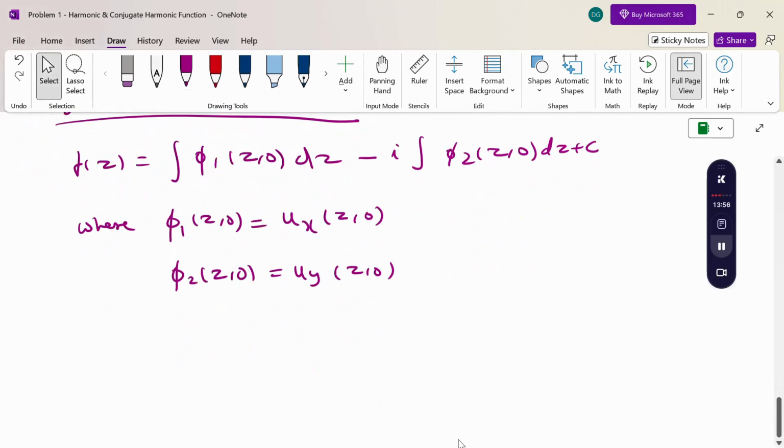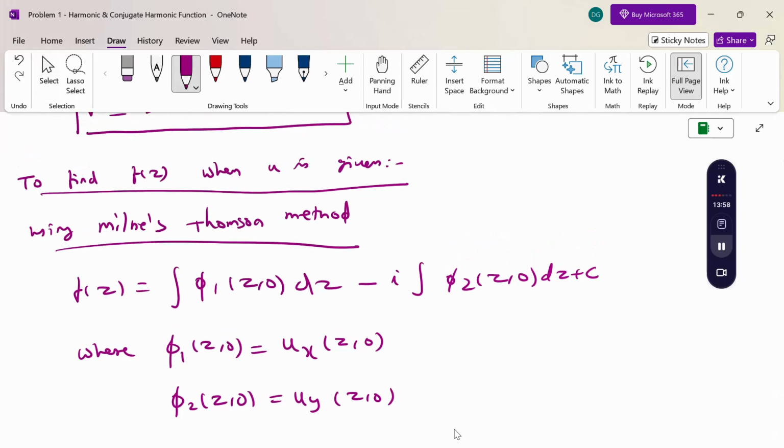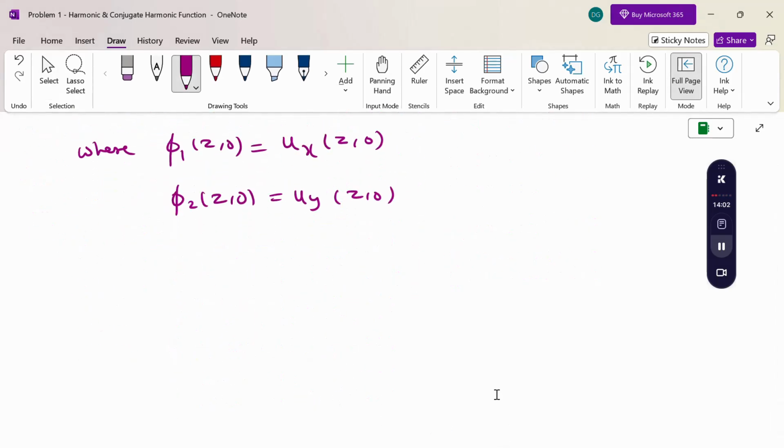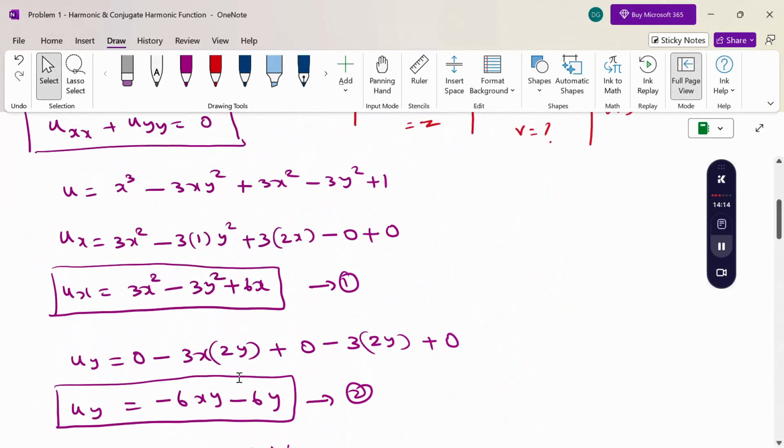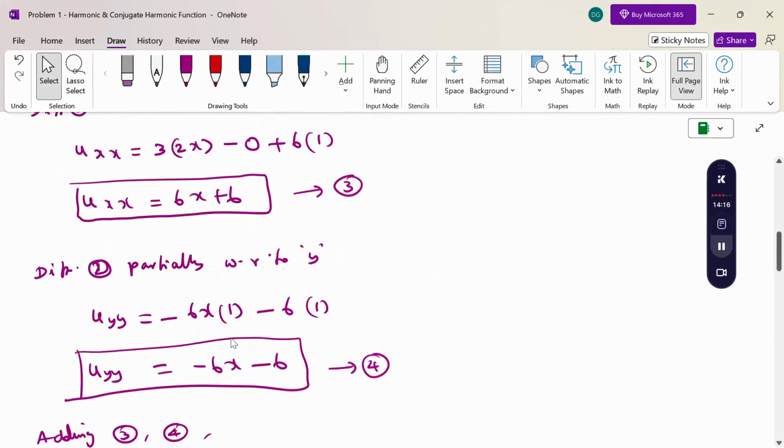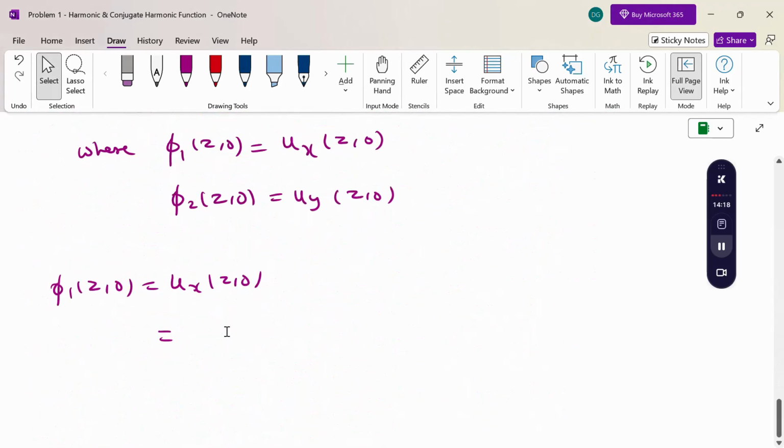So this is the formula for calculating f of z. Now phi 1 of z comma 0 is ux of z comma 0. What is ux? Ux is 3x square minus 3y square plus 6x.